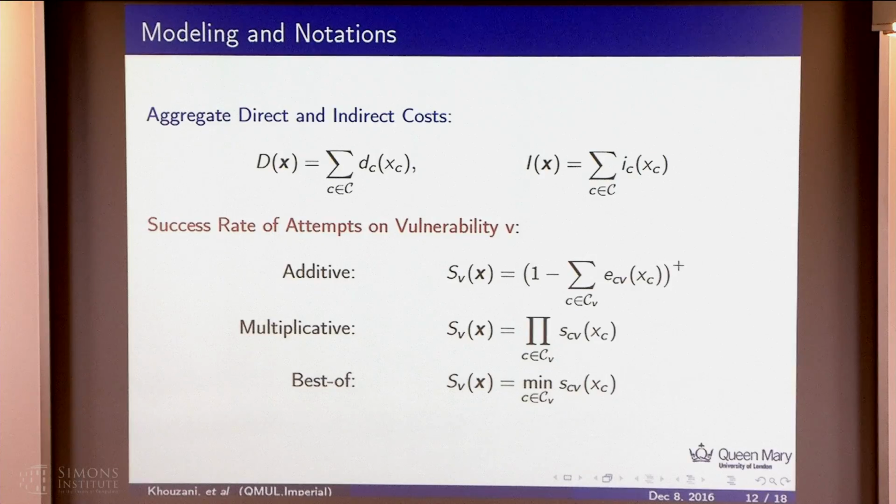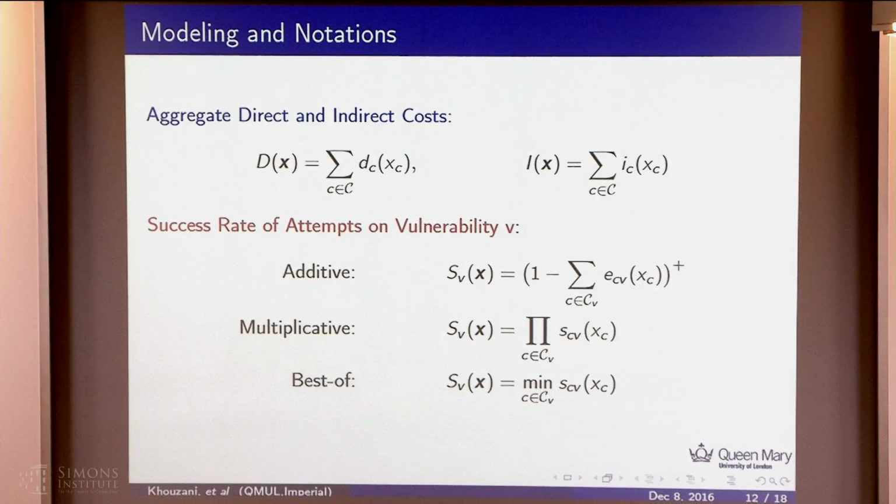In the additive, the success rate of a vulnerability given a chosen portfolio is 1 minus the sum of all the effectiveness of that chosen portfolio on that control V, capped between 0 and 1. For the multiplicative, the success rate of a vulnerability is the product of the success rate for each control that is relevant for that vulnerability.